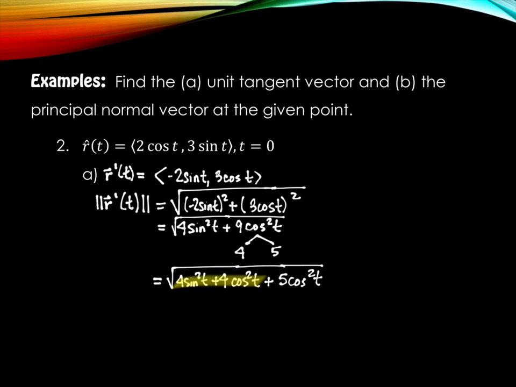There it is. 4. Yeah, that's 4. So it may not be a whole lot better than it was before, but it is some better. So this is 4 plus 5 cosine squared t.